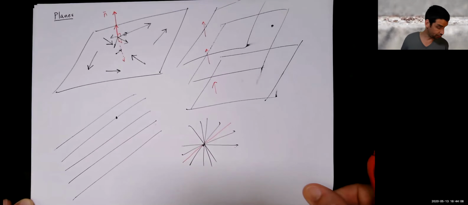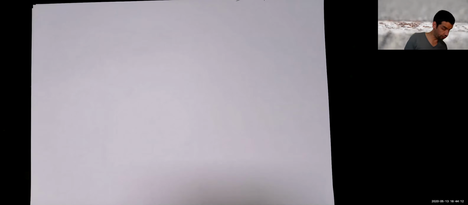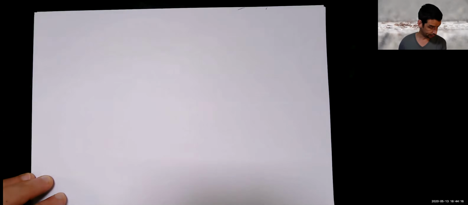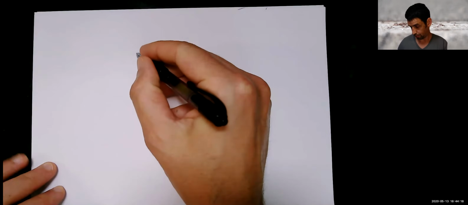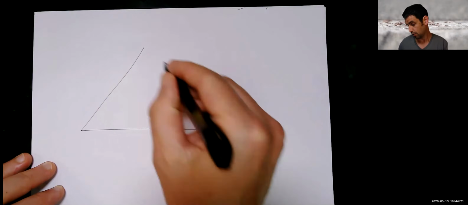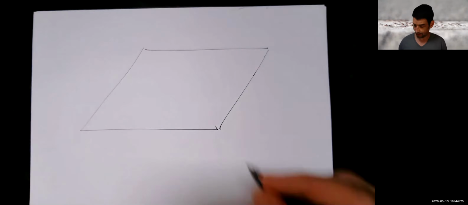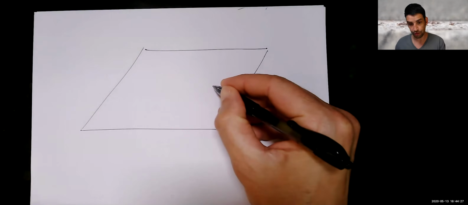So let's work through that construction. Here's our plane. What we want is, given a point and this vector that I talked about a second ago, so let's start with those.